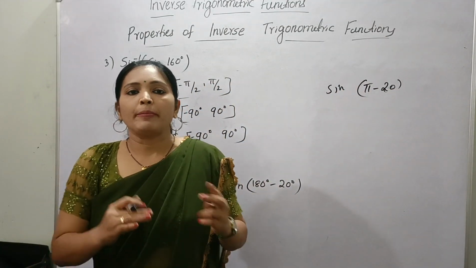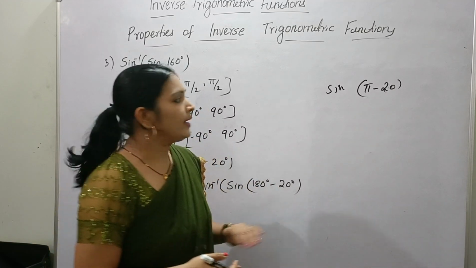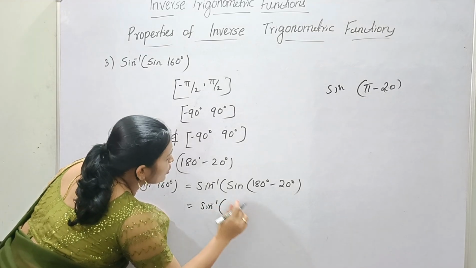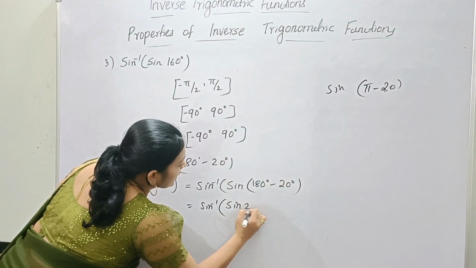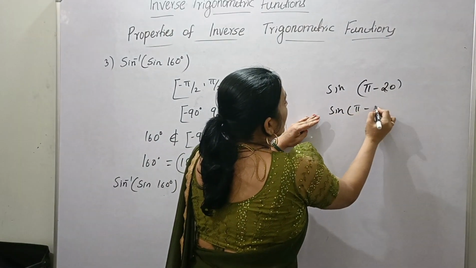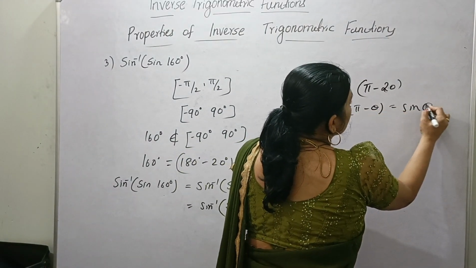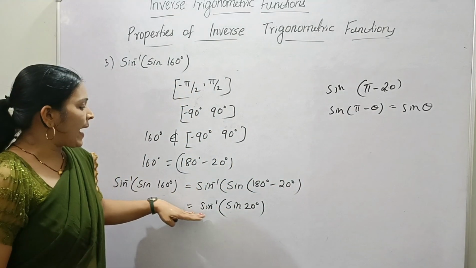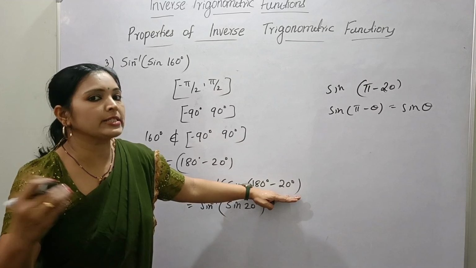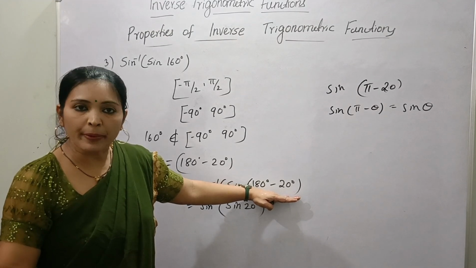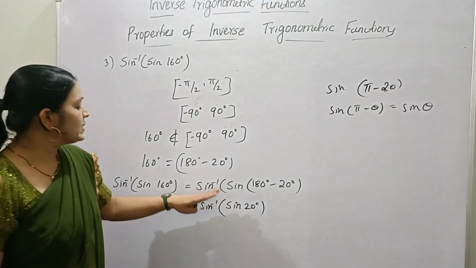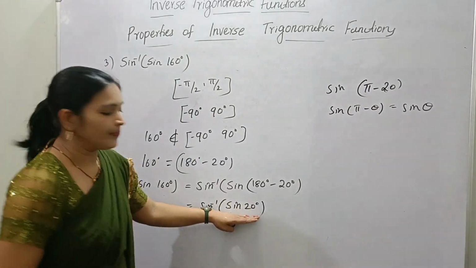We know that sine of pi minus theta is sine theta itself. Therefore, here it can be written as sine inverse of sine 20 degree, since sine of pi minus theta is equal to sine theta.